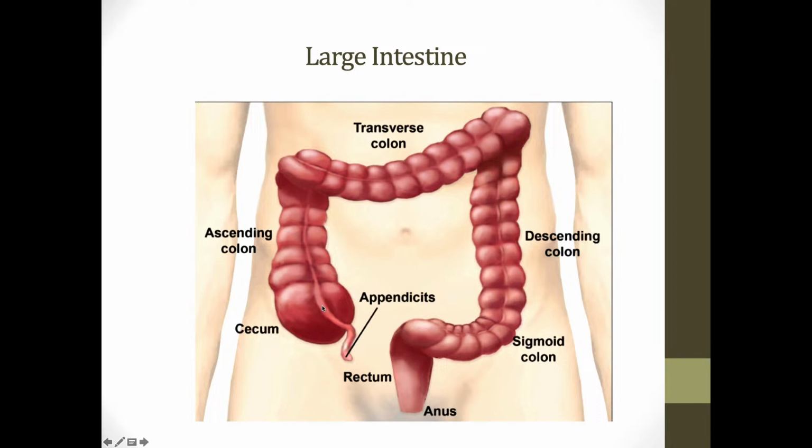Which parts are here? You can see the cecum region, ascending colon, transverse colon, descending colon, then the sigmoid colon, and the final part is the anus. Now I have a question: does any absorption proceed in the large intestine or not?